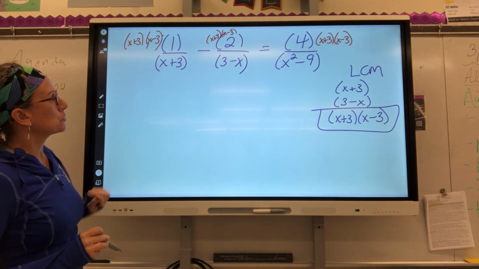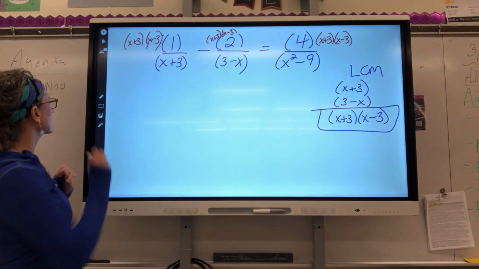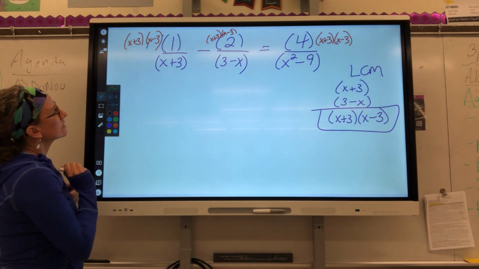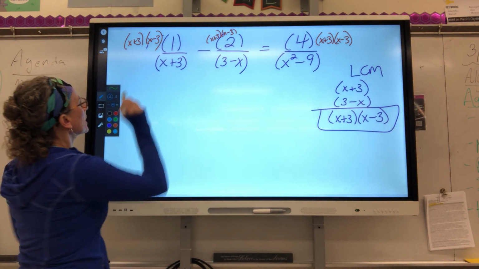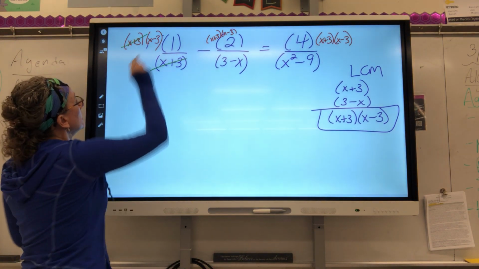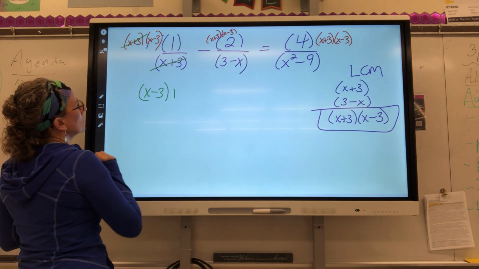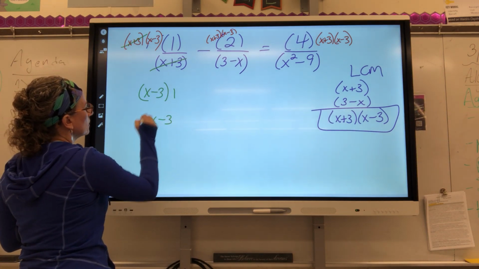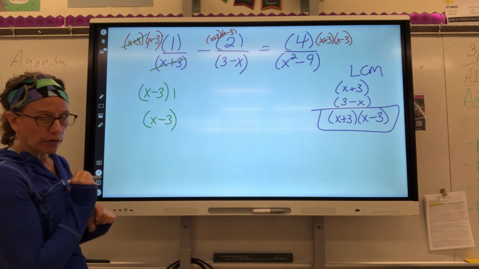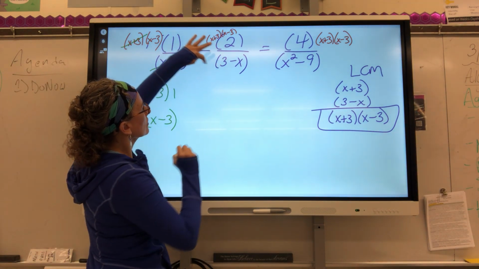Now you look at each individual fraction. Don't look at anything else. Just look here. What am I canceling? Well, what's exactly the same? x plus 3, x plus 3. What does it leave? It leaves an x minus 3 times 1. Or just an x minus 3. Next fraction. x minus 3, 3 minus x.